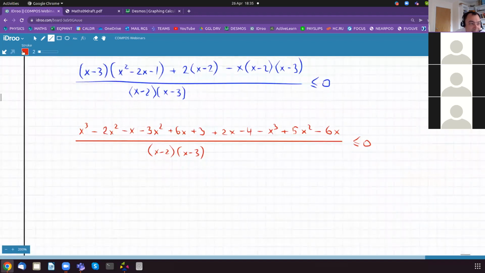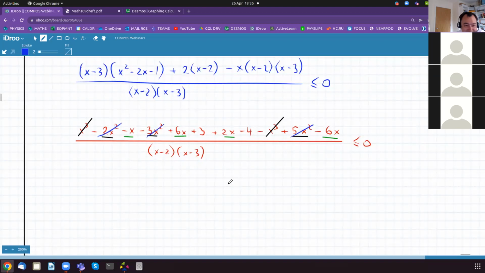And look at that. Our cubic term disappears. Now we're left with 1, 2, 3. Then we have 3 minus 4, which is minus 1. So minus 2 minus 3. Oh, this one disappears as well.